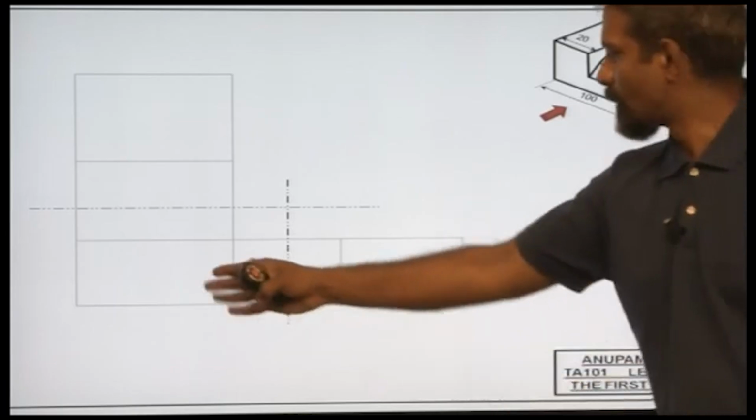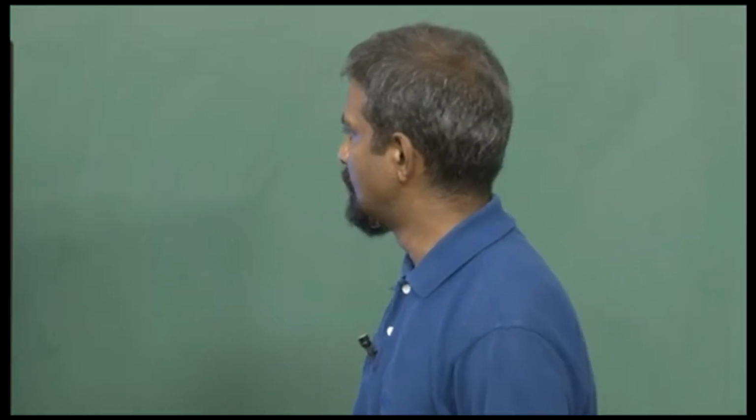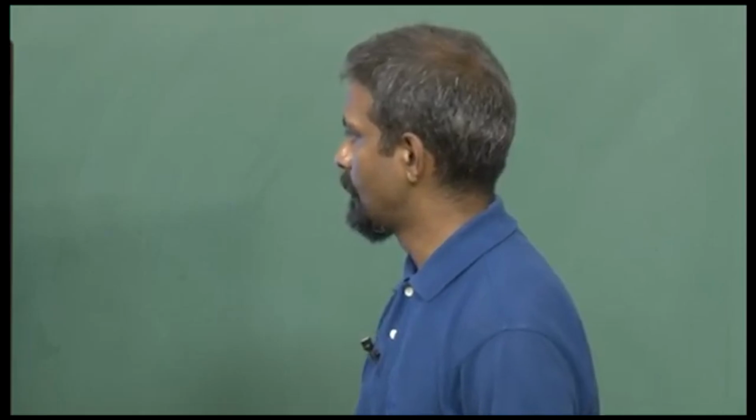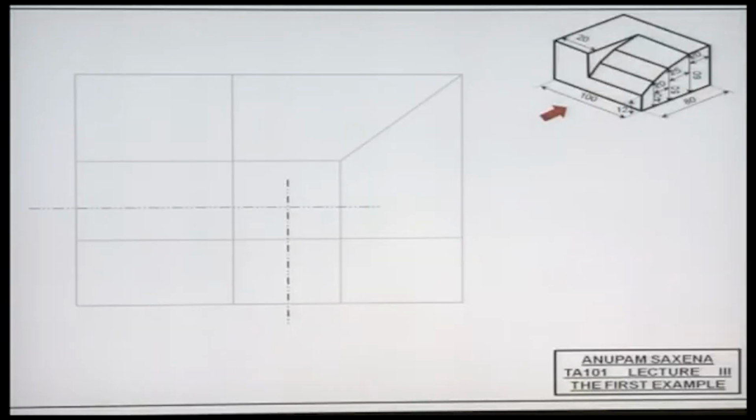So this box is 100 by 60 in dimensions, the length and the height. So once I have identified the bounding boxes, let's try to sketch all the features after of course I complete the entire schematic including the projection lines.